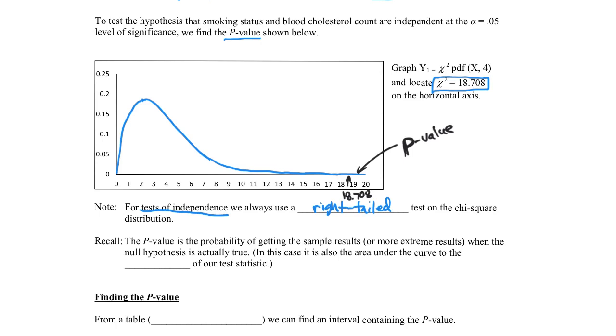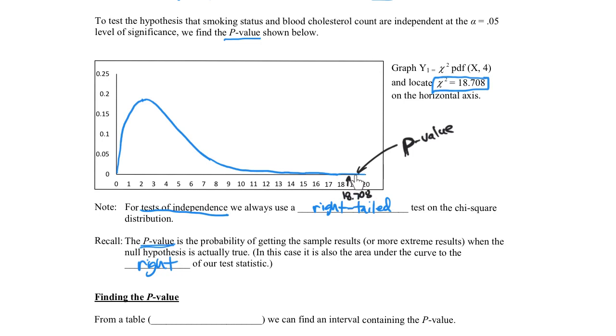And then to recall here, the p-value is the probability of getting the sample results or more extreme results when the null hypothesis is actually true. And in this case, it's also the area under the curve to the right. It's a right-tailed test, so it's always going to be to the right of our test statistic. So you can see there is just not much left there.